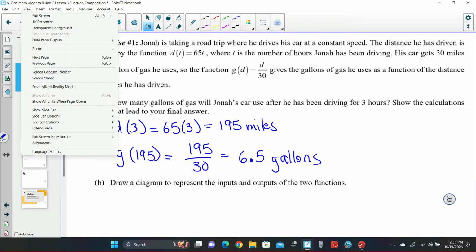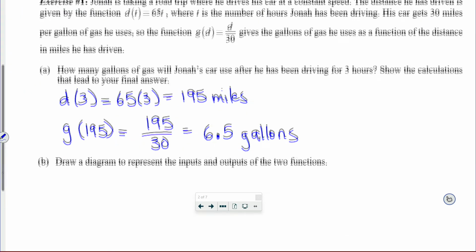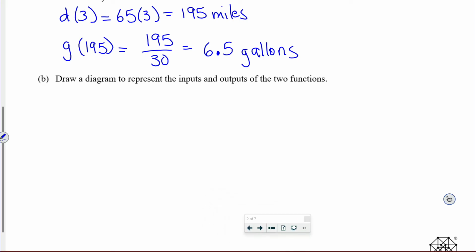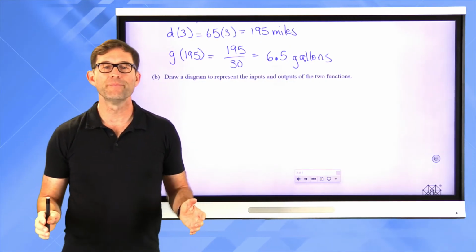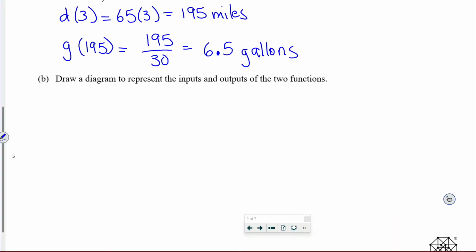All right, let's pop back into our full screen. Come down here. Now, kind of a simple idea. In letter B, it says to draw a diagram to represent the inputs and the outputs of the two functions. Simple enough, right?